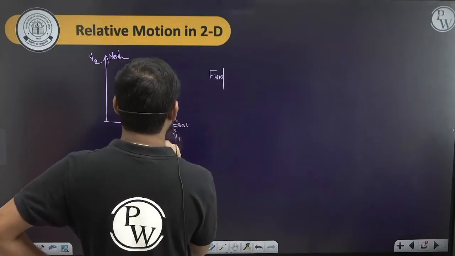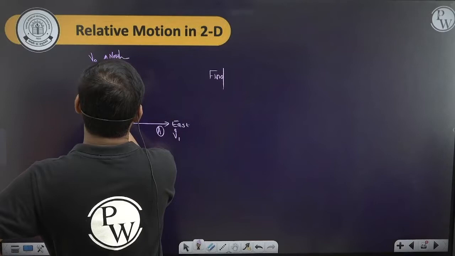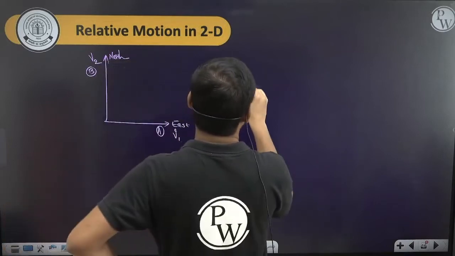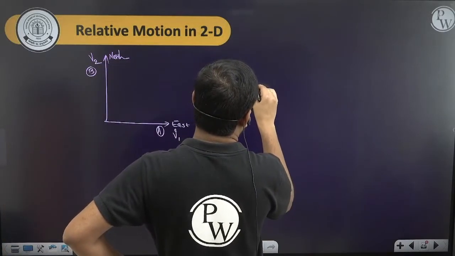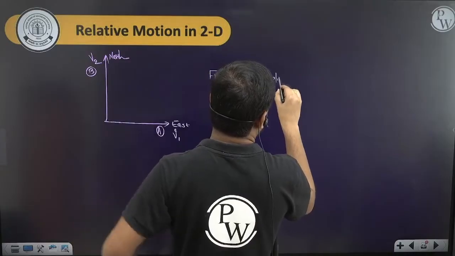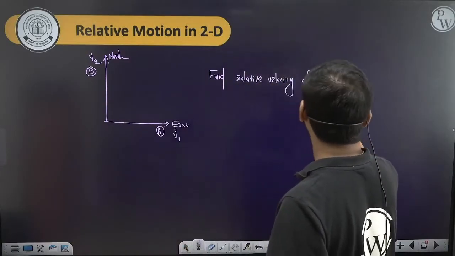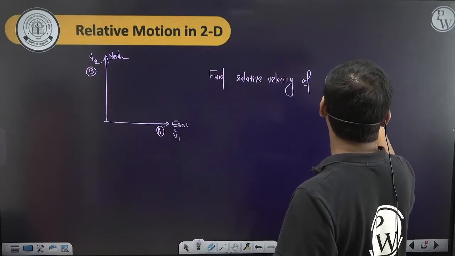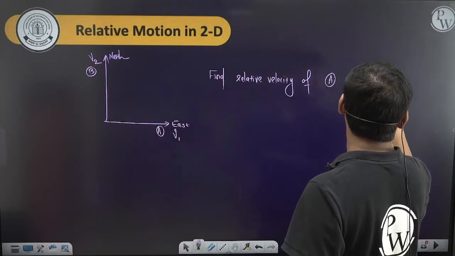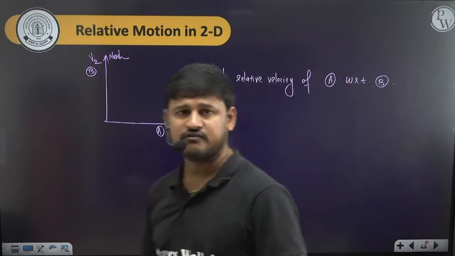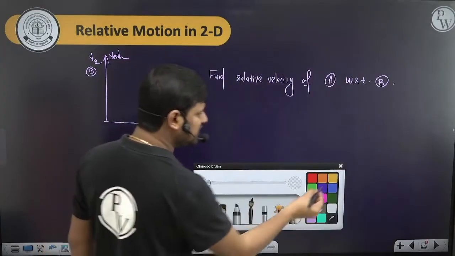Consider this is body A and this is body B. Find the relative velocity of A with respect to B. So how do we do that?